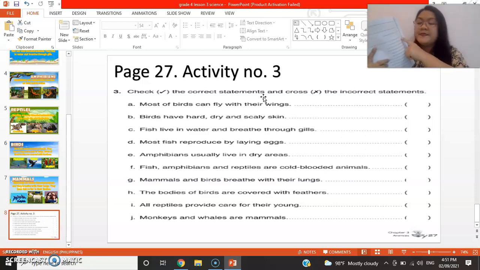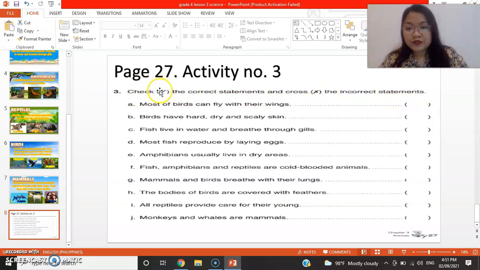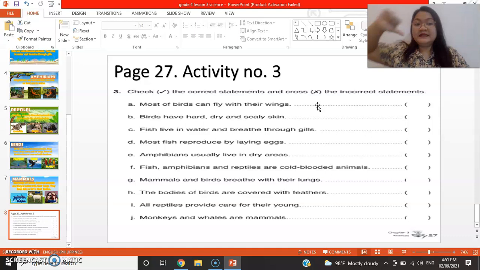Just number 3. Okay? So number 3, check the correct statements and cross the incorrect statements. So you're going to put a check if the statement is correct and put a cross if the statement is incorrect or not correct.